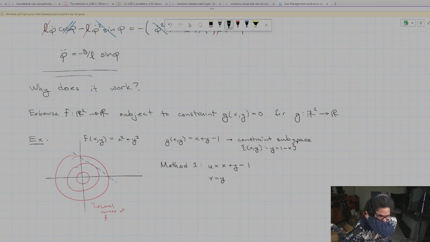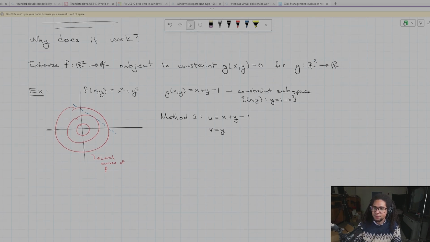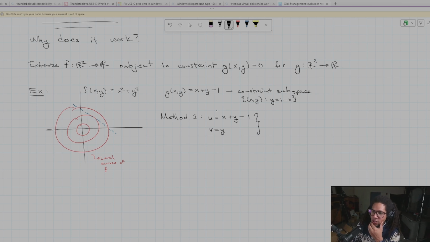All right. These two together imply that x is equal to what? It's u minus y plus 1, but that's u minus v plus 1. And then y is equal to v.